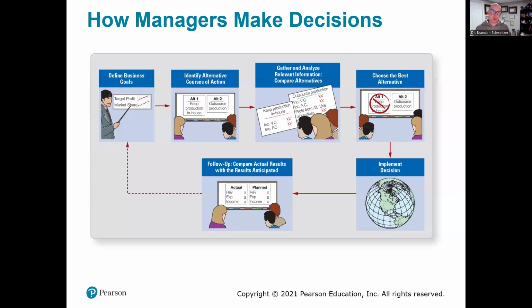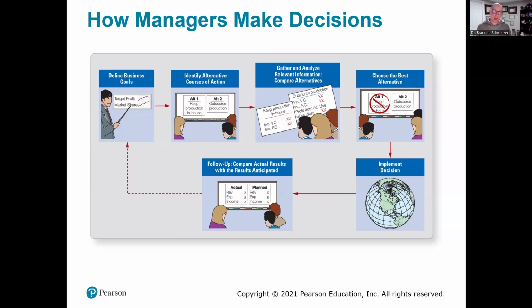So the first thing we do is we need to figure out what our goals are. And so management typically gets together, they discuss what the goals should be, and then they select their goals. And then the next thing to do is to look at our alternative options to meet those goals.